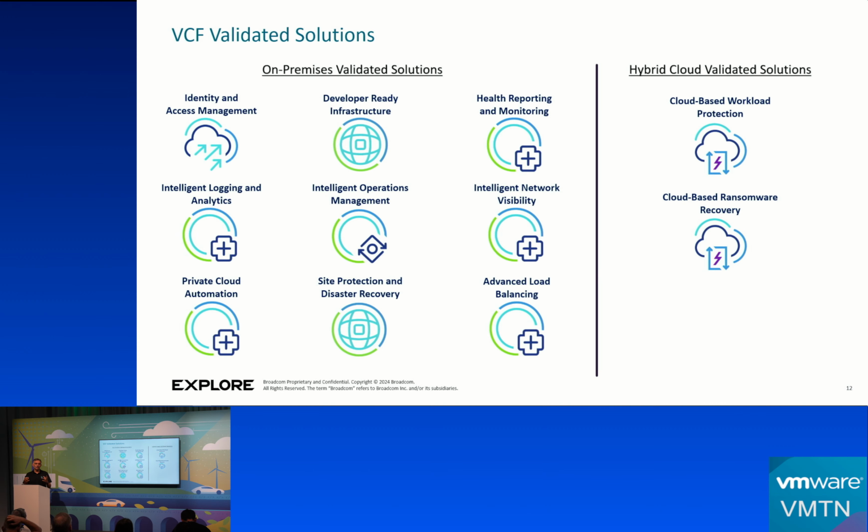You can protect your workloads, and also you can have cross-cloud mobility. Using VMware HCX, you can create cross-cloud mobility between workloads from your existing VCF to your other VCF, or from VCF to any cloud that you have.